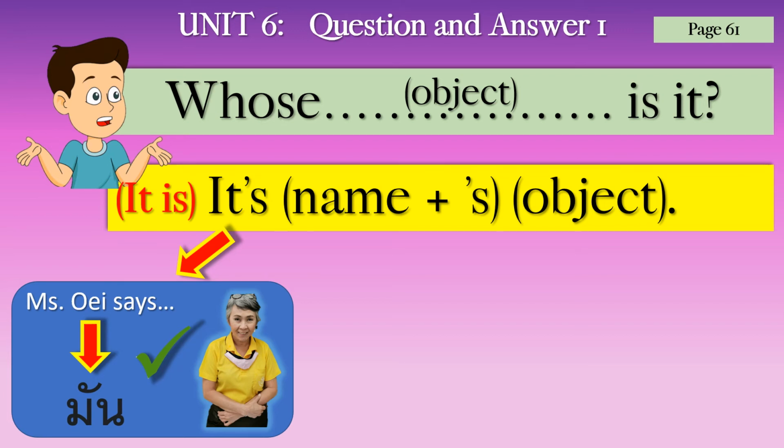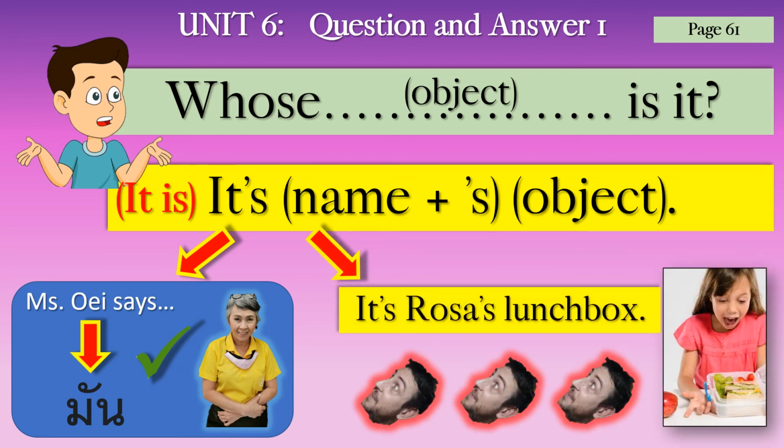Now that English is okay, but it's very boring and long. So we take out the word lunchbox at the start of the answer and we say it's. Much easier, much faster and not boring. Thank you Miss Oy, good job.